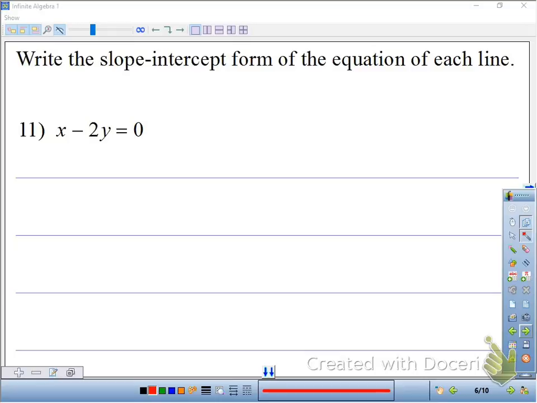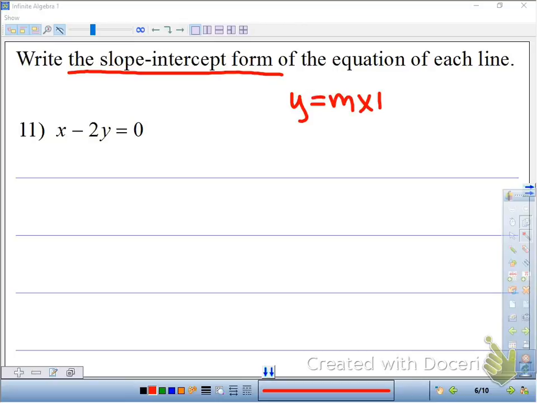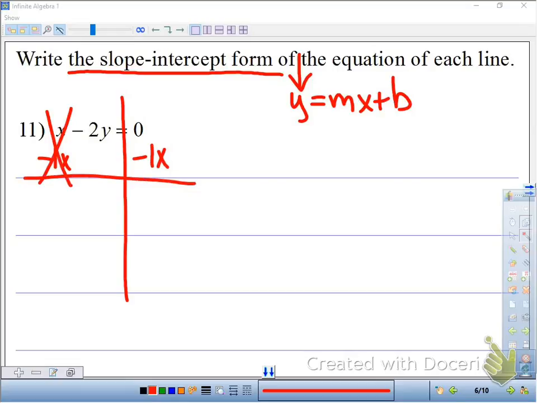Again, instructions first. Write the slope-intercept form. And what I have here is an equation. So what I know is that slope-intercept form is solved for y. So I want to get my y by itself in this particular equation. So in this particular one, I'm going to minus 1x on both sides. That's 0.